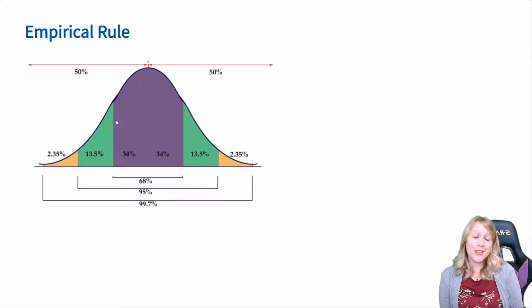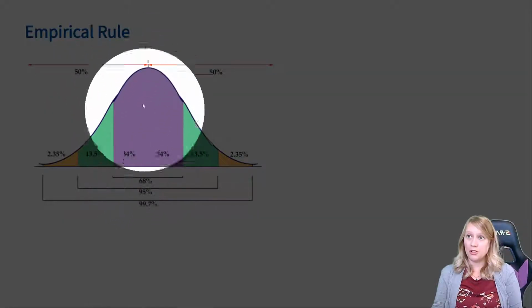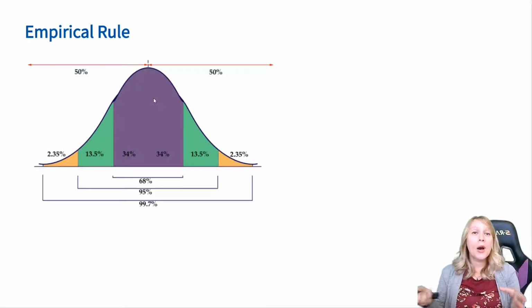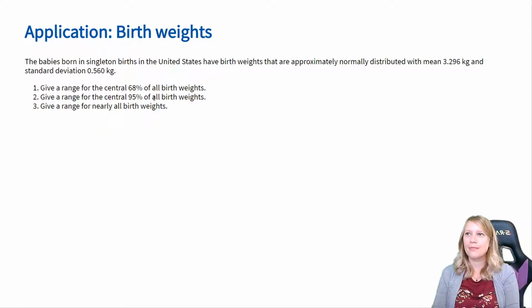Visually, here's what the empirical rule actually looks like. So most of the probability, about 2/3, 68%, is within 1 standard deviation of the mean. Go out a little further, we've now reached 95% of the probability. Go out a little further, 3 standard deviations covers just about all of it, about 99.7% of the probability.